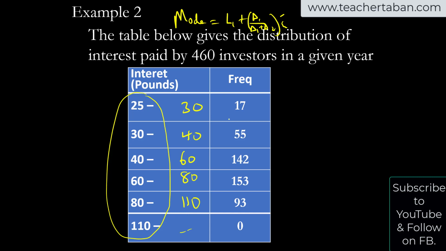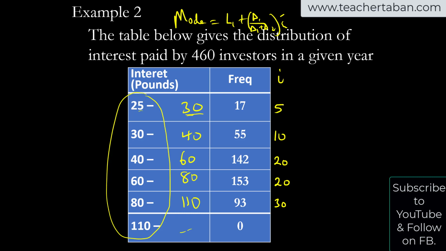So the class width, or class interval, is 30 minus 25, we get 5; 40 minus 30, we get 10; here we get 20, here we get 20, and here we get 30. Upper class boundary minus the lower class boundary. And we see that the class width is non-uniform.